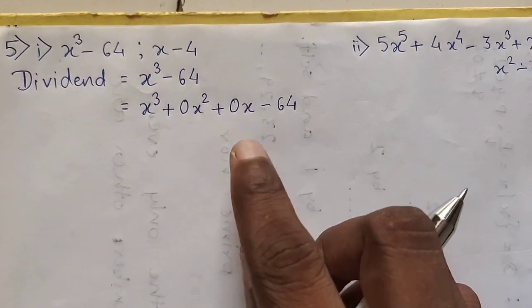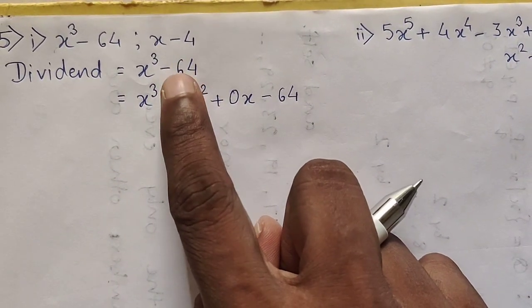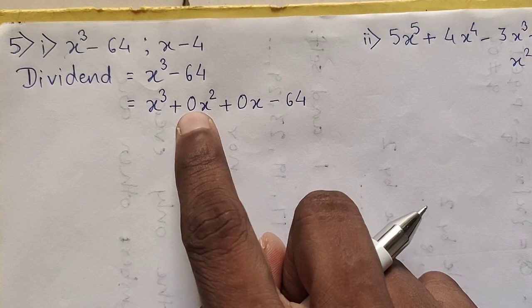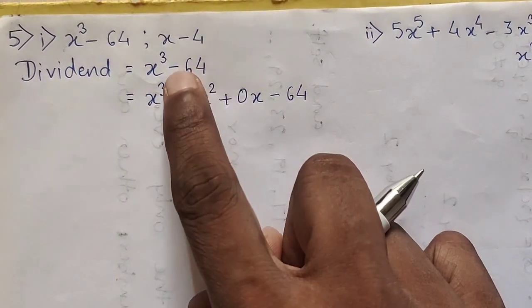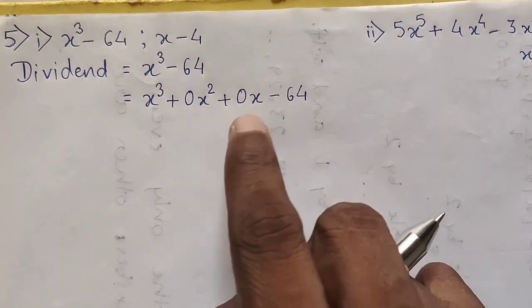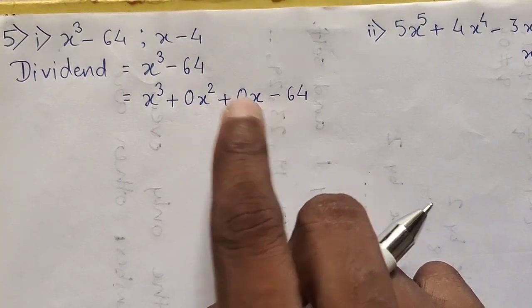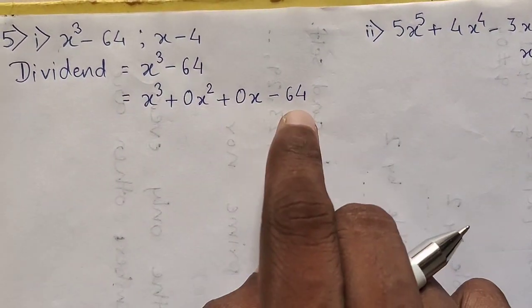In this way, whatever term is missing in the polynomial, write it with 0. In this one, x square and x were missing, so we have written 0x square and 0x for them. In this way we have all the terms present in the polynomial.